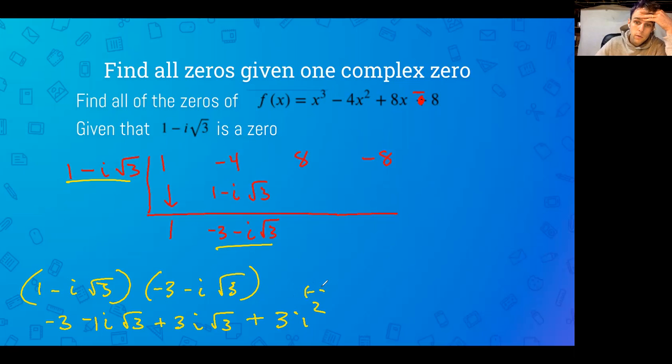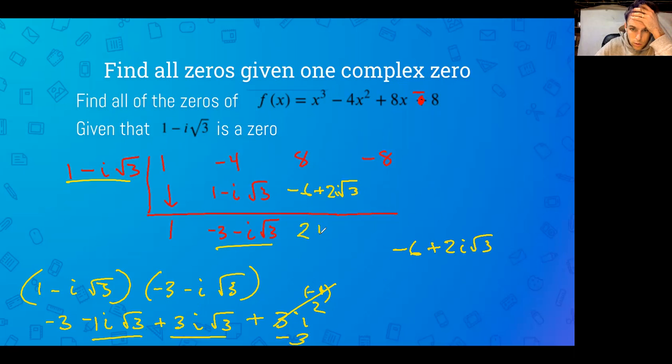Remember, i squared is negative 1. So this all becomes minus 3. Negative 3 minus 3, negative 6. Negative 1i root 3, 3i root 3, that's going to be plus 2i root 3. Okay, so that's what's going to go here. Negative 6 plus 2i root 3. Add these together. We're getting 2 plus 2i root 3.